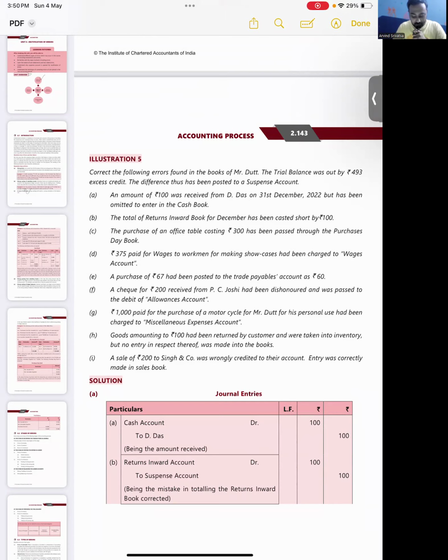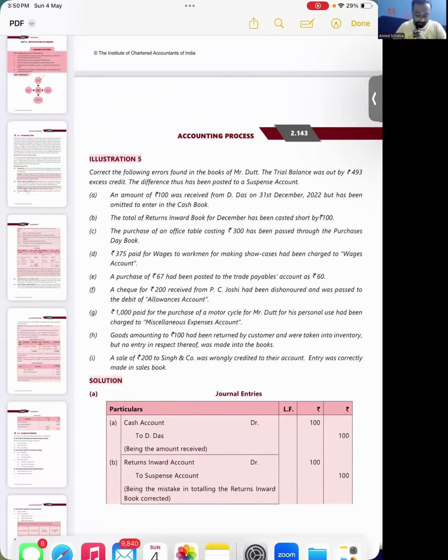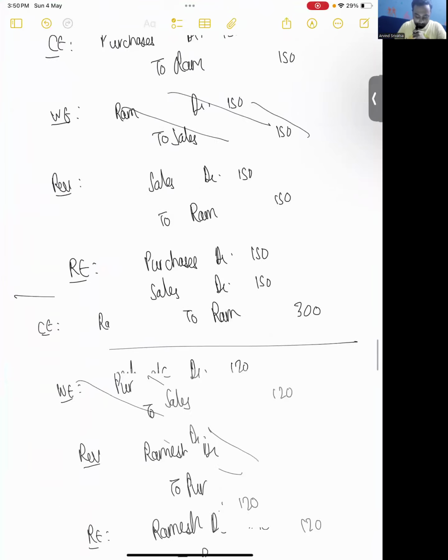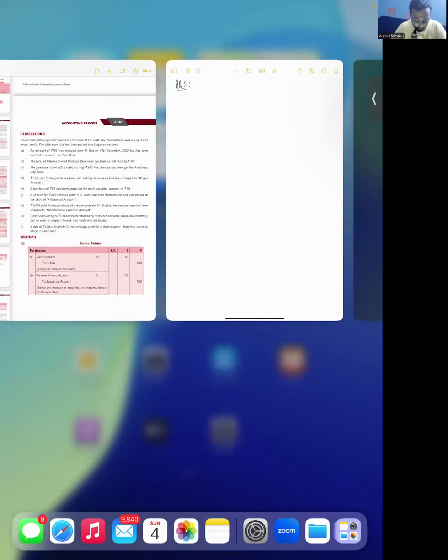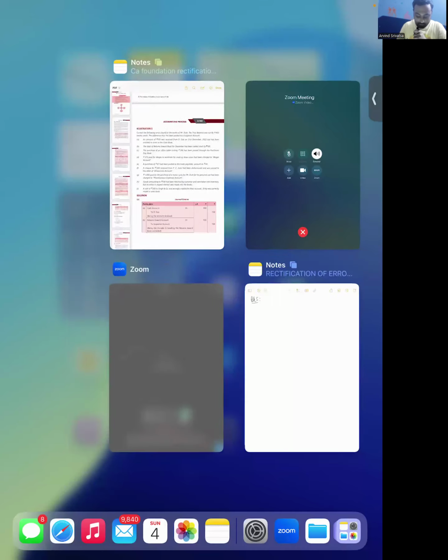Next, the purchase of an office table costing 300 has been passed through the purchases day book. This one we will write. Office table passed through purchases day book. So correct entry, furniture account debit to cash or trade payables.